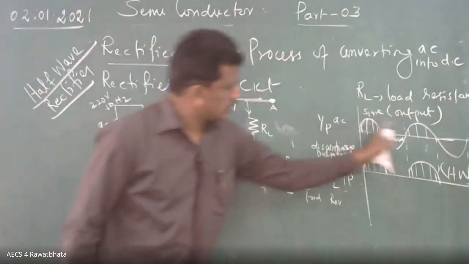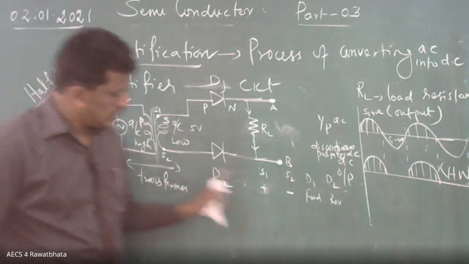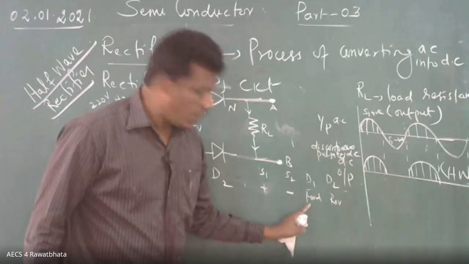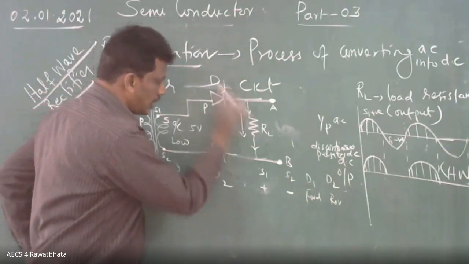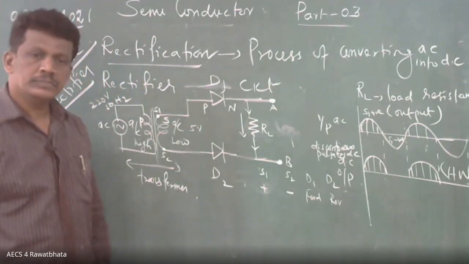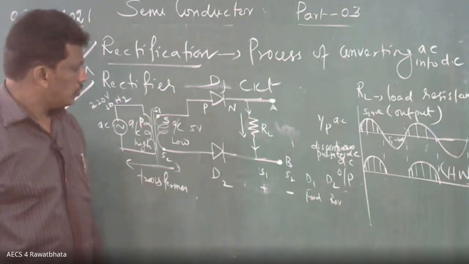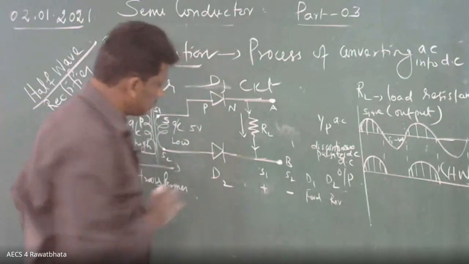First, you see, first cycle. So here plus, here minus. So now diode 1 is forward biased. Diode 1 forward bias means the current will flow. Okay, diode D1 will conduct. So you will get the current.